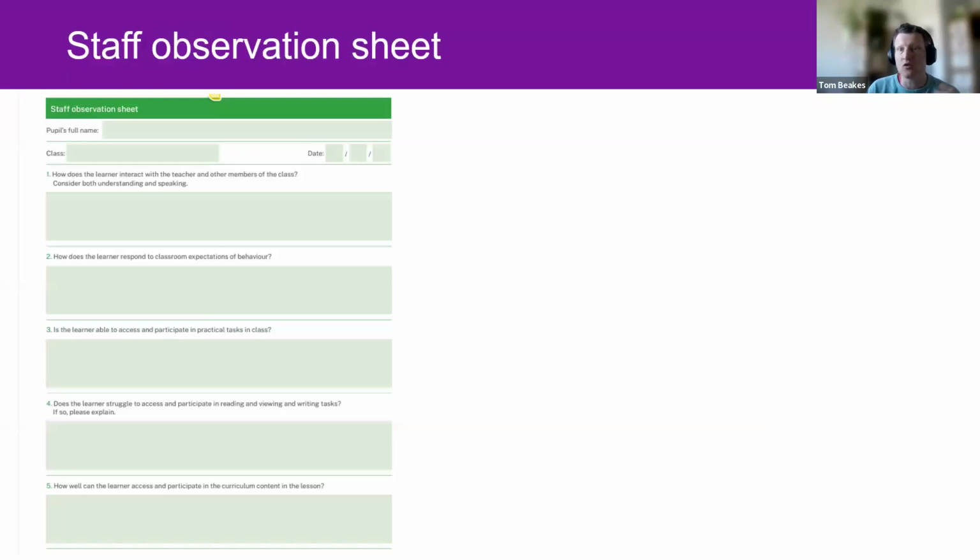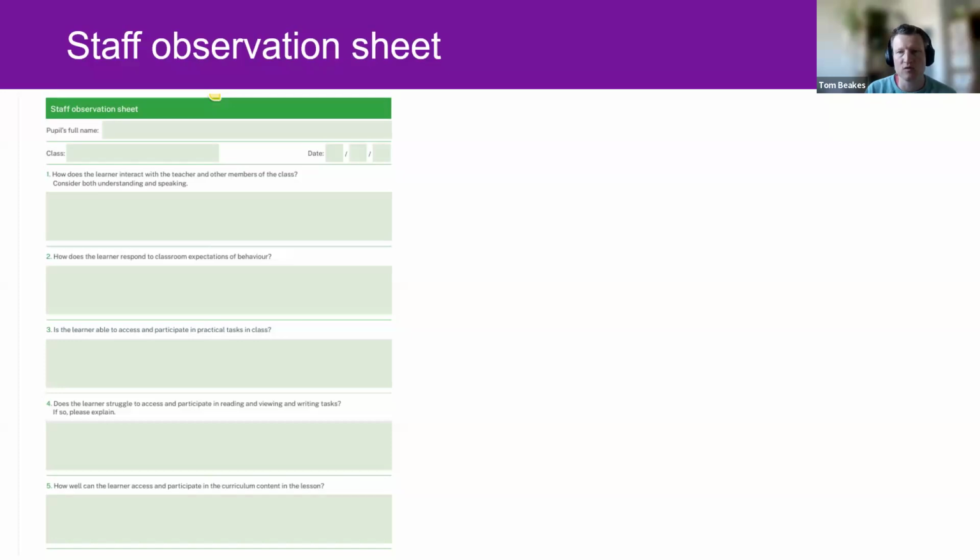And so if teaching staff continue to have concerns, here's an example observation sheet that could be completed by a teacher. Now, we've already mentioned there's no one test that can determine whether an EAL learner also has SEND. So for this reason, schools need to adopt a holistic approach to reach a judgment, and observations are going to form a key part of this.